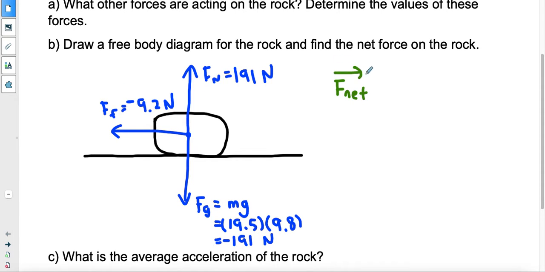So the net force is just going to be negative 9.2 newtons in the forward direction, because the only force that contributes to the net force here is the force of friction.